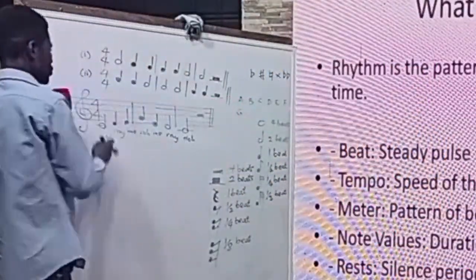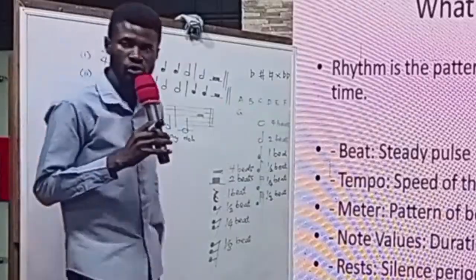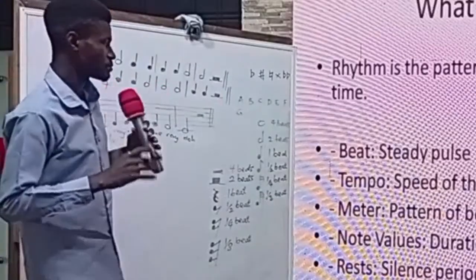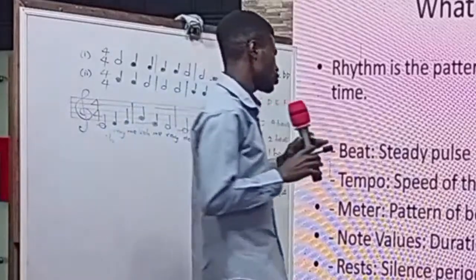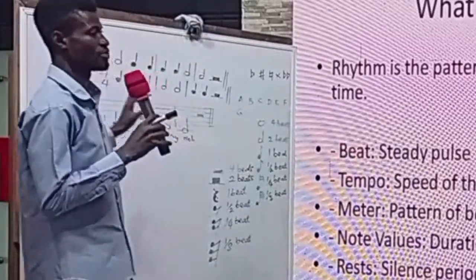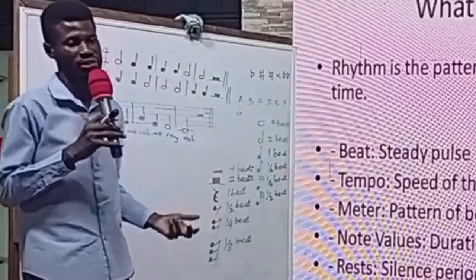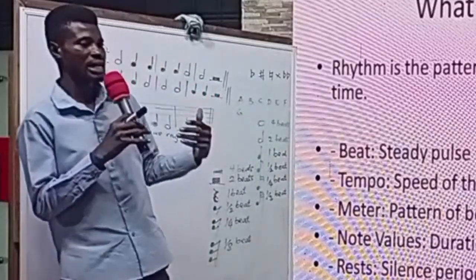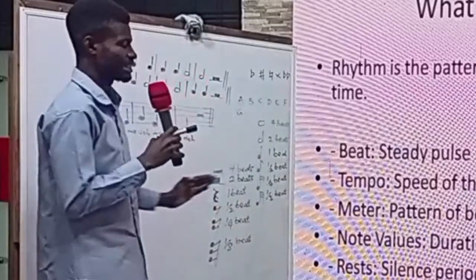Now, here is what we call the time signature. The time signature I use as an example here is 4/4. There is also what we call pulse in music. Pulse is that steady movement that keeps the music going. It corresponds to the beating of the heart. It is very steady.